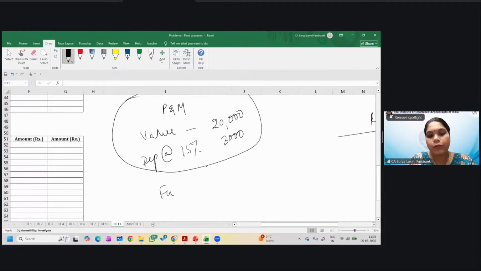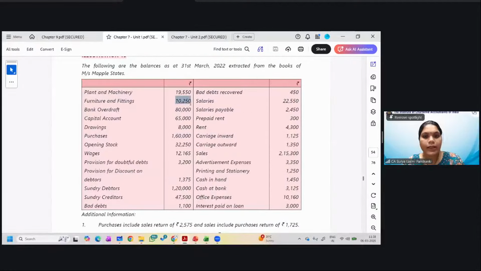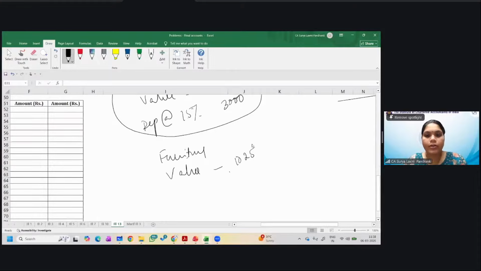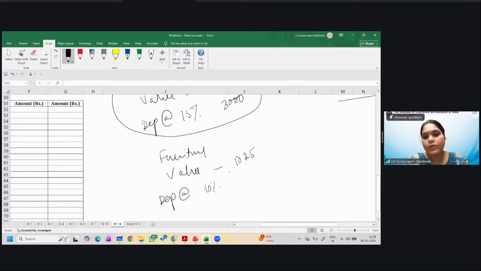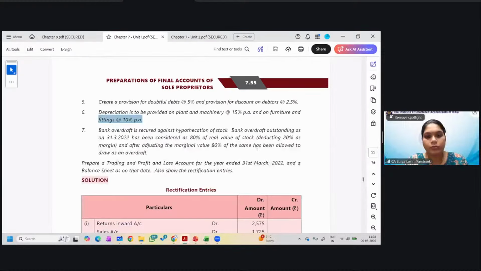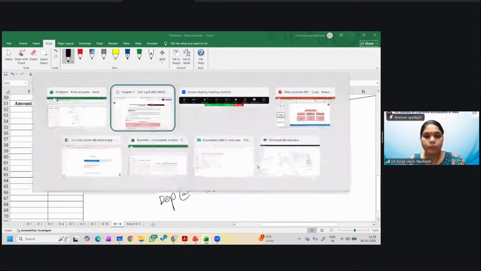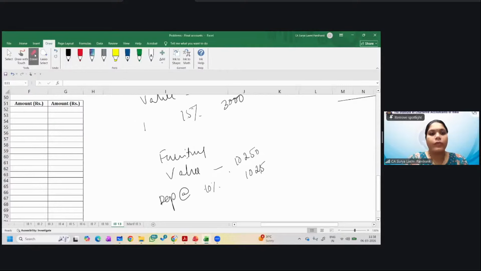And let us also do it for furniture. What is the value of furniture? It is 10,250. And what is the depreciation rate for furniture and fixtures? They told it is 10% per annum. So it is 10%, which is 1025, right?